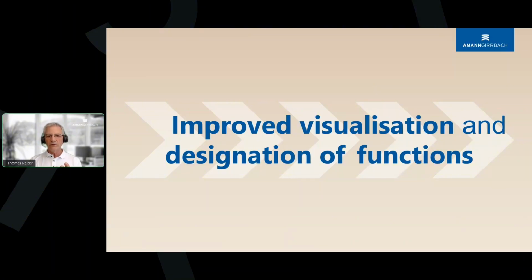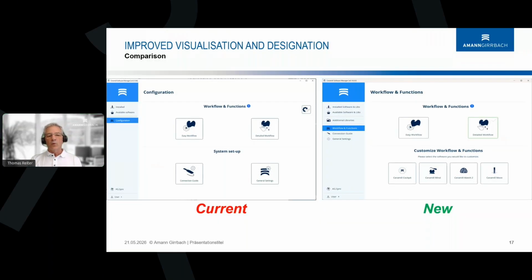Fourth new feature: improving the interface and naming of our software managers. I will just give you an example comparison, old and new. Currently, the left-hand side is a little bit confusing in layout. That is because you have to know that the software manager is quite a new product within the AG family.